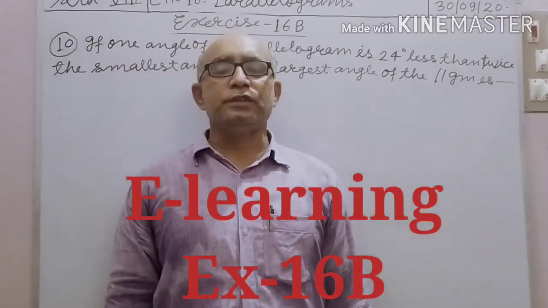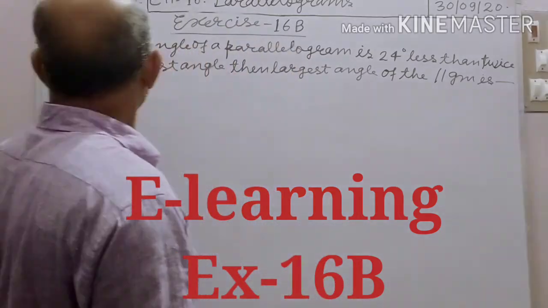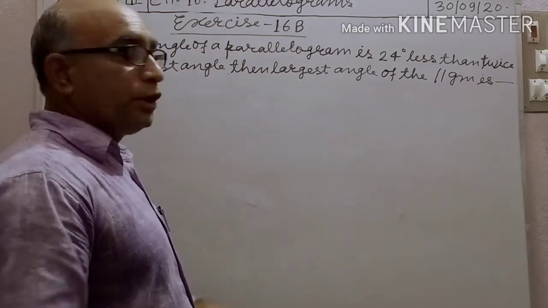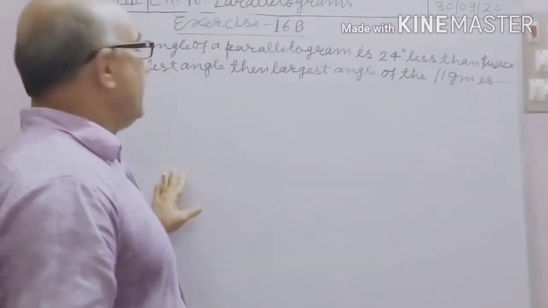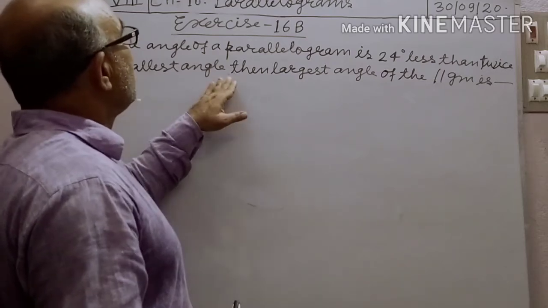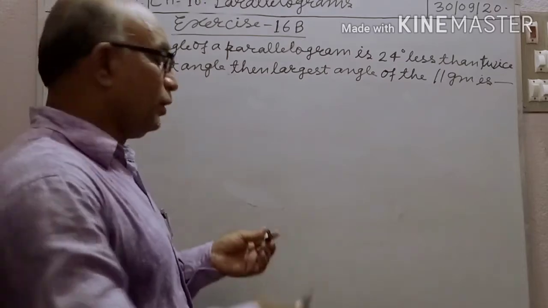Students, next question is question number 10. In this question, if one angle of a parallelogram is 24 degree less than twice the smallest angle, then the largest angle of the parallelogram is?